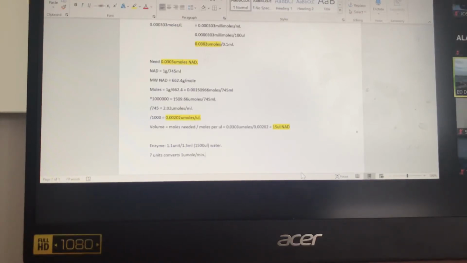So, first of all, what I work out is, if we've got 1.1 unit and it's dissolved in that volume, how much phenylalanine can the entirety of that volume convert? So the first thing is how much can 1 unit convert? If it takes 7 units to convert 1 micromole, then 1 unit must be able to convert 1/7 of a micromole.